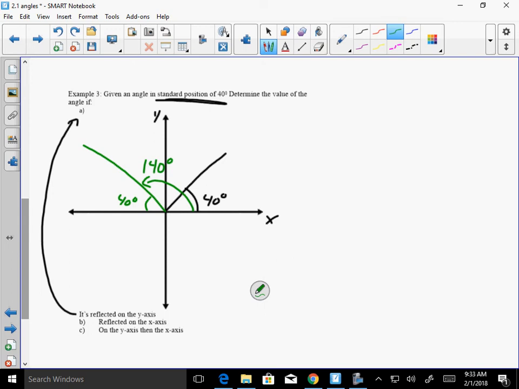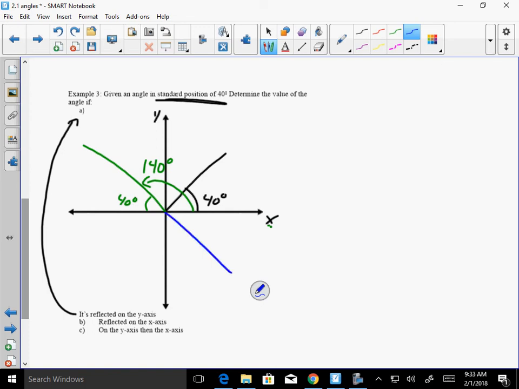So now you kind of have the reference angle and you're working backwards to get the actual angle, okay? Now, for part B, I'm going to reflect on the x-axis. I'm going to start here and flip it down along the x-axis, kind of like folding it and seeing where it touches. That's kind of the way I've always thought of it.